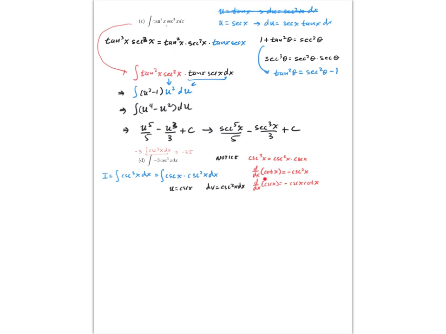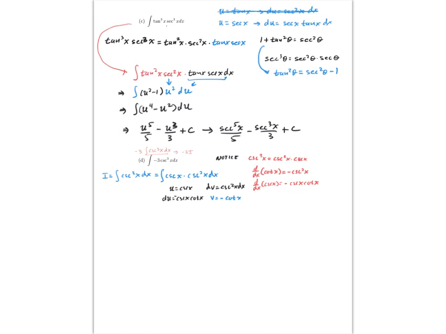So I'm going to select u to be cosecant x and dv to be cosecant squared x dx. Using this, du is minus cosecant x cotangent x, and v is going to be minus cotangent x.